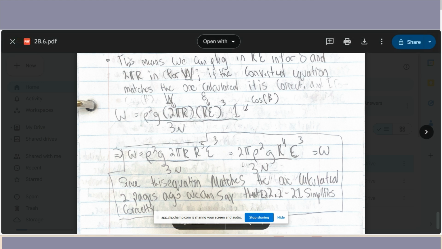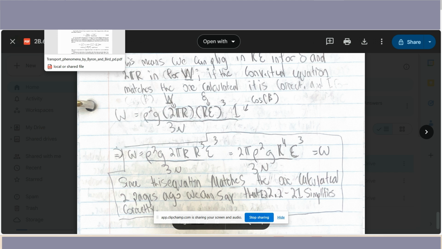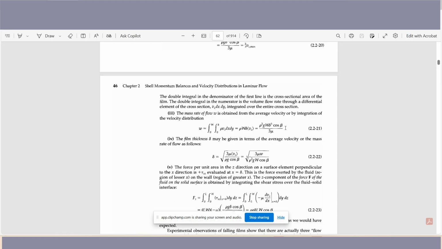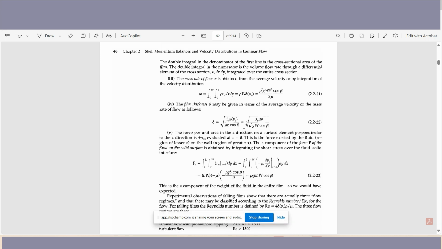And this matches the equation that was on 2.2-22. It matches this equation. 2 pi r epsilon squared, and then you just don't have this here. Yeah, it matches.